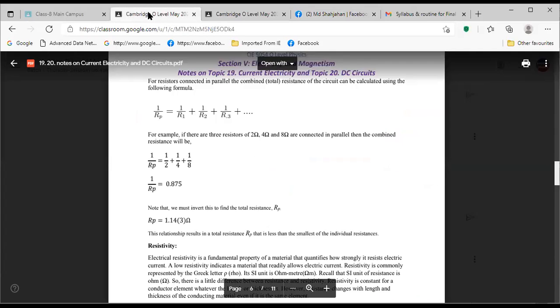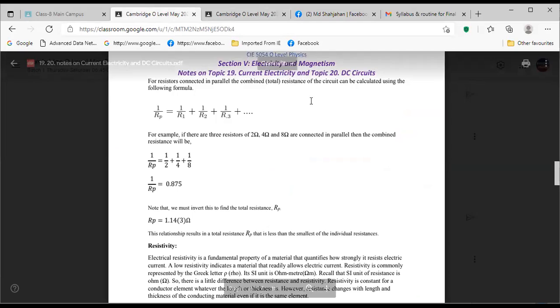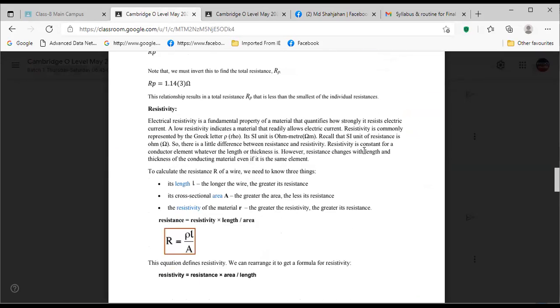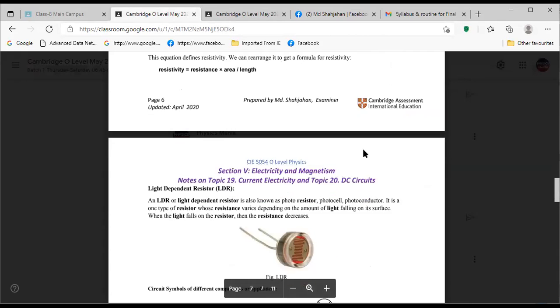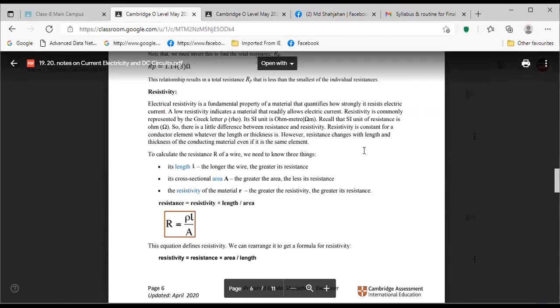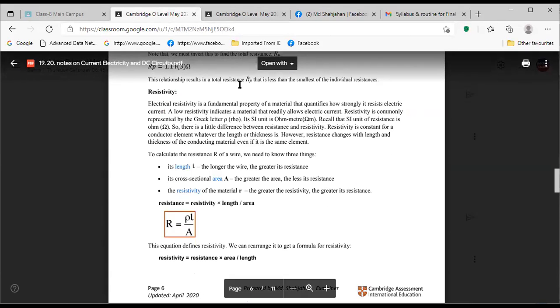Now we are going with a new term, new quantity, that is resistivity. Before going to resistivity, we are having some discussions.